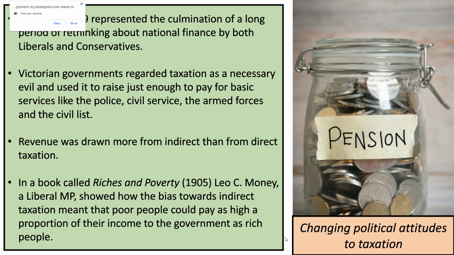Whereas direct taxation, you can graduate it. So you can have the person on 50p a day paying 10% of their income, and you can have the person on £50,000 a day paying 45% of their income. So instead of having a blanket indirect taxation, you can move towards direct taxation that is graduated. And people who can afford to pay more will pay more.